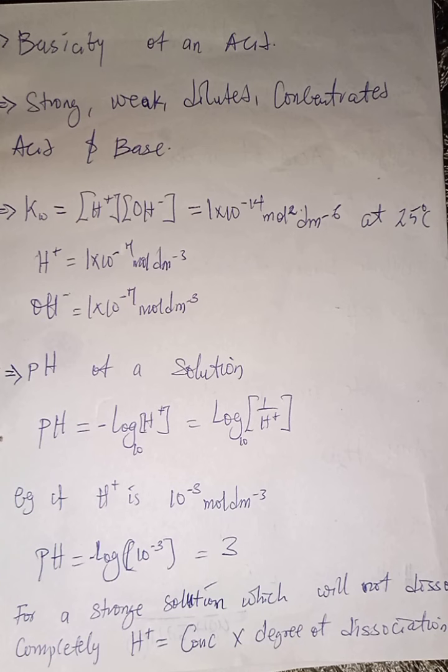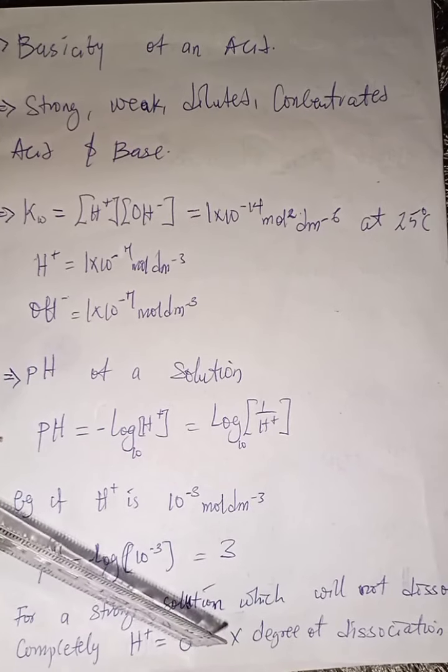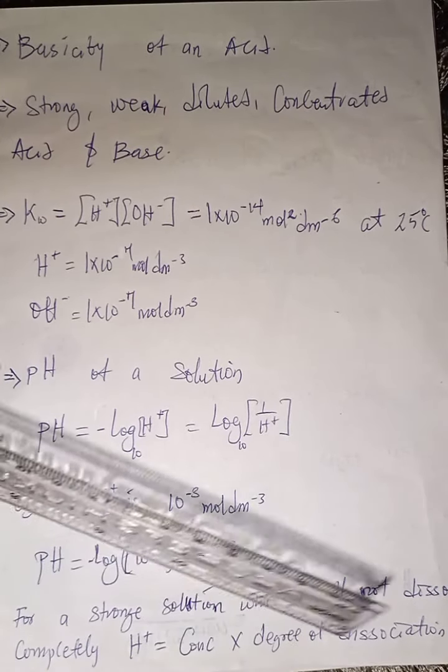Now, we may have a substance that is strong but does not dissociate completely. We have to get the degree of dissociation, then use it to multiply the concentration of that compound or substance. The hydrogen ion concentration of that substance will be equal to the concentration times the degree of dissociation.